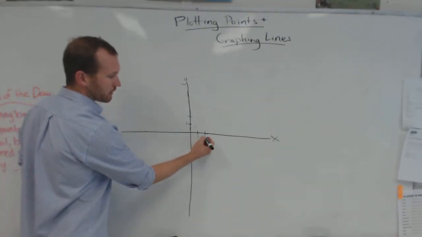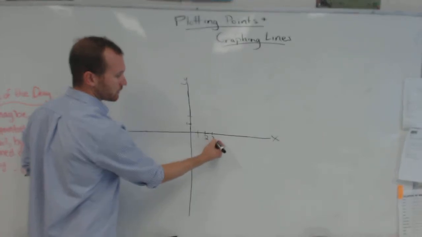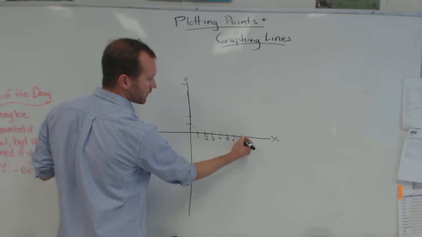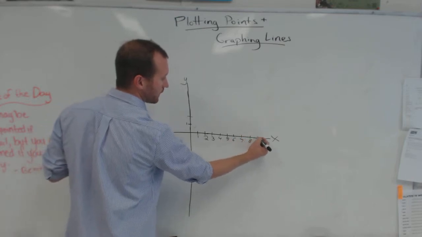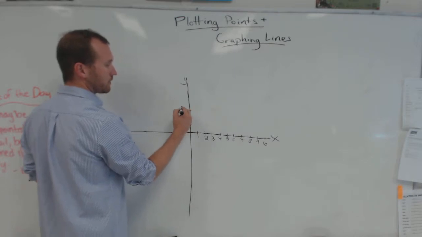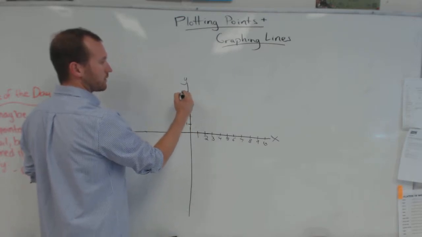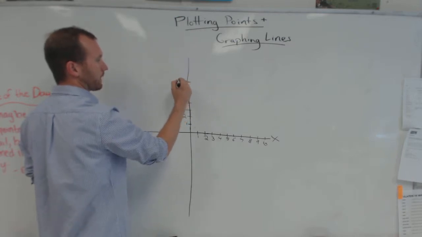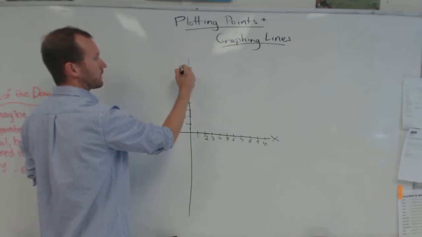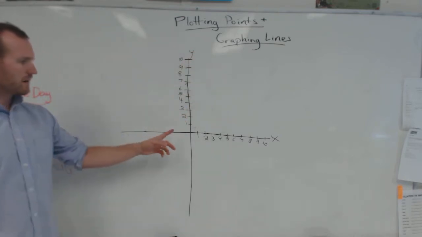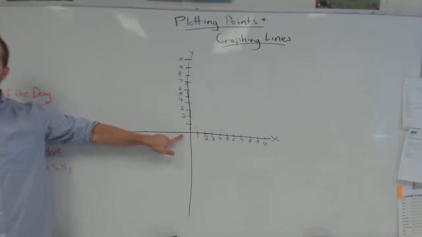Let's label this whole thing. 1, 2, 3, 4, 5, 6, 7, 8, 9, 10. You could just draw a new one in your notes. How am I going to label this axis? This is just like a number line.